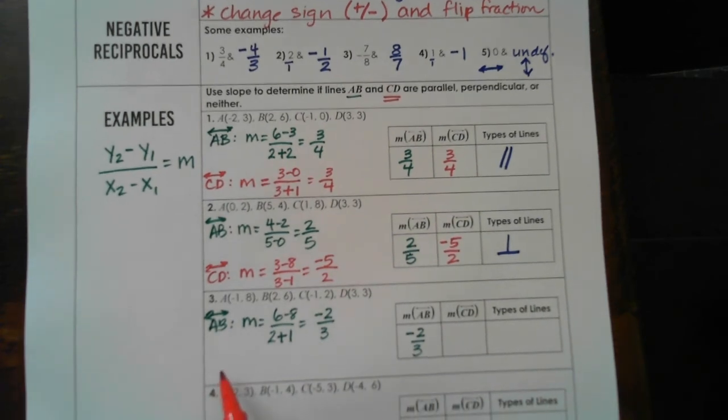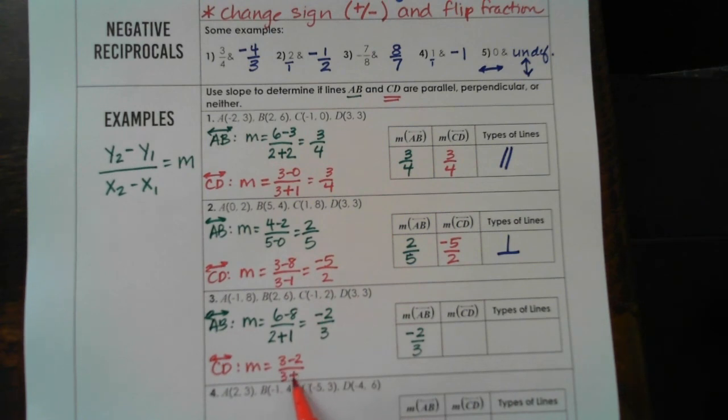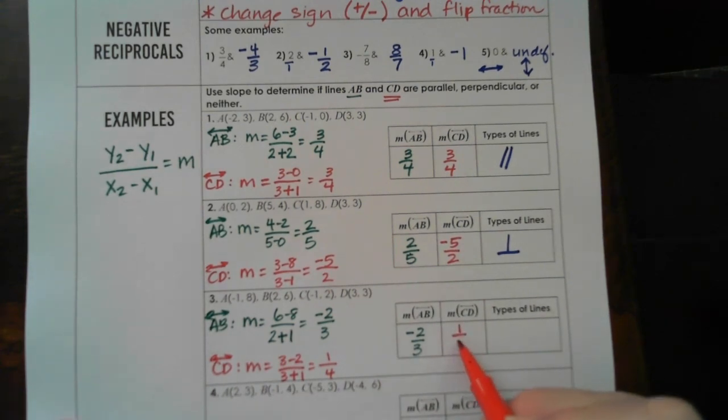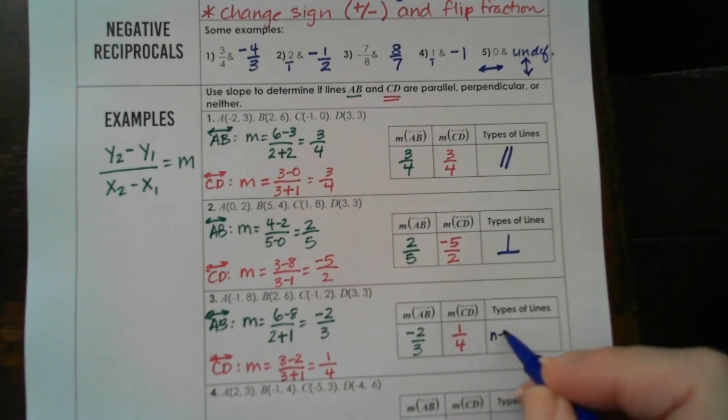For line CD, it has the slope equal to 3 minus 2 over 3 minus negative 1. 3 minus 2 is 1 over 3 plus 1 is 4. We have 1/4. And so they're not equal, and they're also not opposite reciprocals. So these are neither.